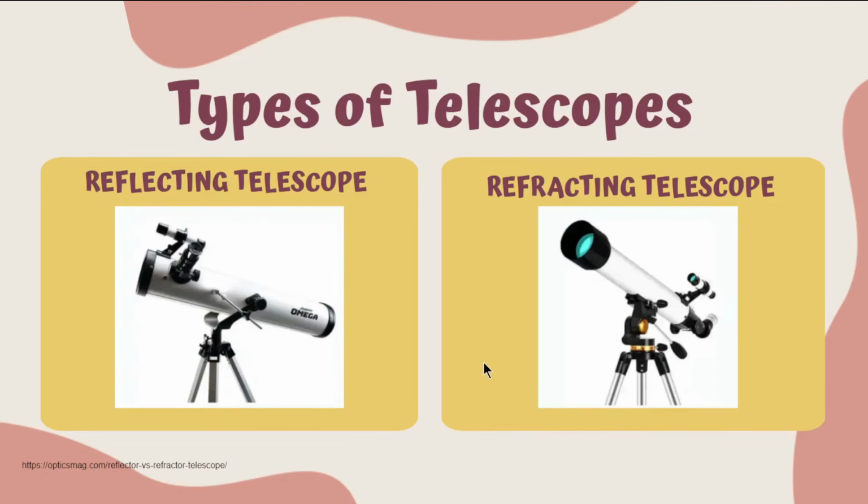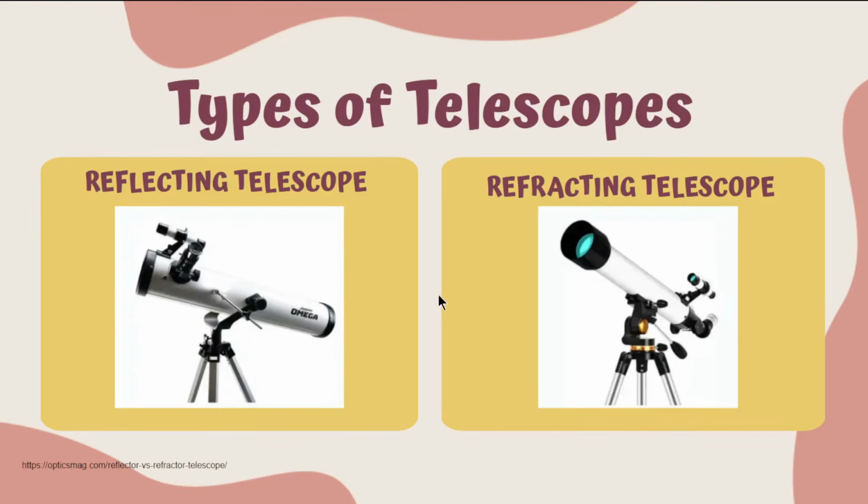But then, by looking at the terms, we have reflecting and refracting. We can already identify what devices are placed inside of them, whether it's a mirror or a lens. So, of course, for the reflecting telescope, we have mirrors inside. And for a refracting telescope, we have a lens. So, hindi lang isa, more than one.